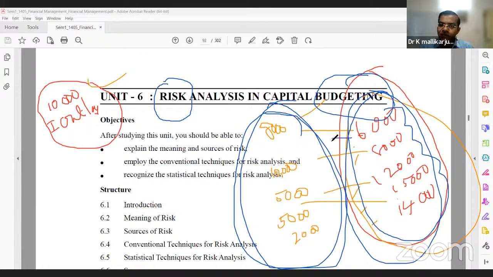We expected 6,000 but received 8,000, that is good, there is no risk. But in the last 3 years, the risk is very high. So capital budgeting is very simple: risk is whatever we expected being different from actual.